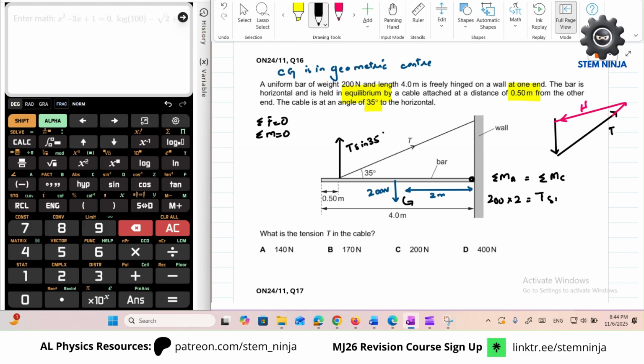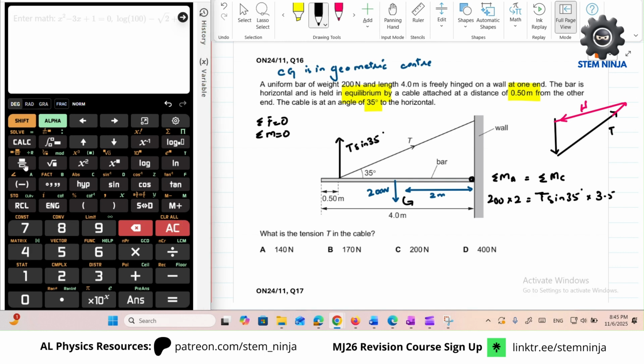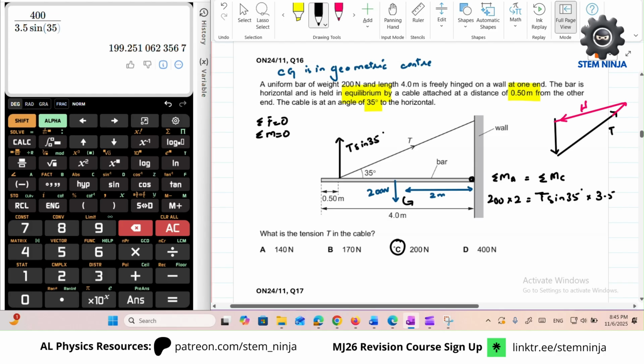So T sine 35 degrees times 3.5. All we need to do is to find out T. So 400 divided by 3.5 sine 35. So we get almost 200.